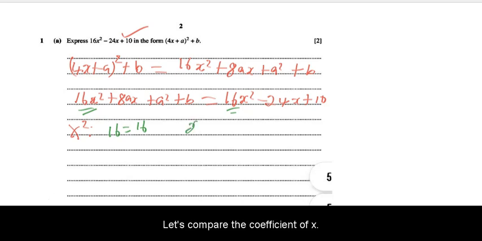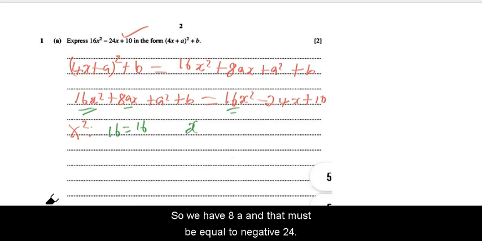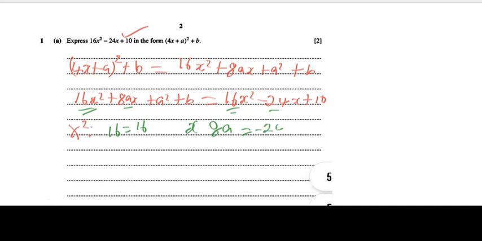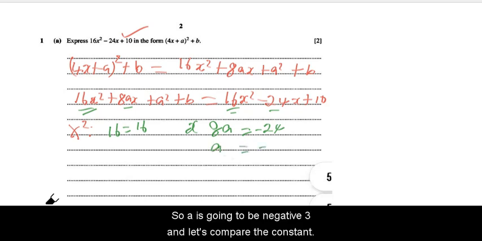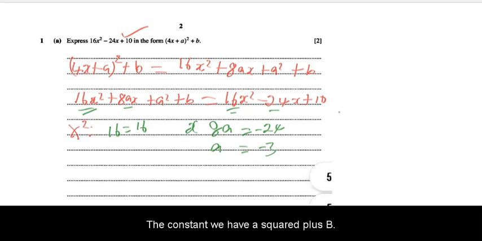Let's compare the coefficient of x. We have 8ax, so we have 8a, and that must be equal to negative 24. Solve for a: divided by 8, a is going to be negative 3. And let's compare the constant. We have a squared plus b equal to 10, right?